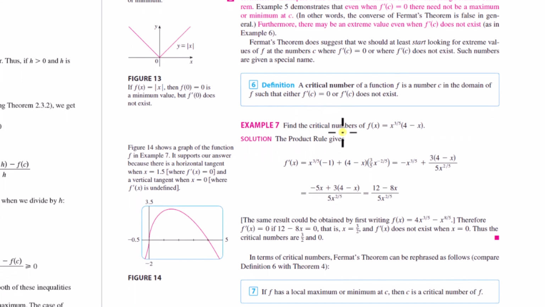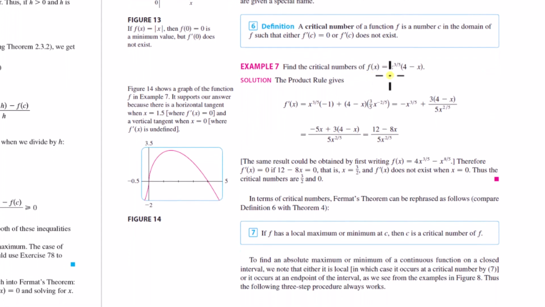Okay, so find the critical numbers of f of x. We're going to work a bunch of example problems, but all they're doing is finding this derivative, setting it equal to 0, and solving for x. They get x equal to 3/2 and 0, because the derivative doesn't exist when x is equal to 0, and the derivative is equal to 0 when x is equal to 3/2.